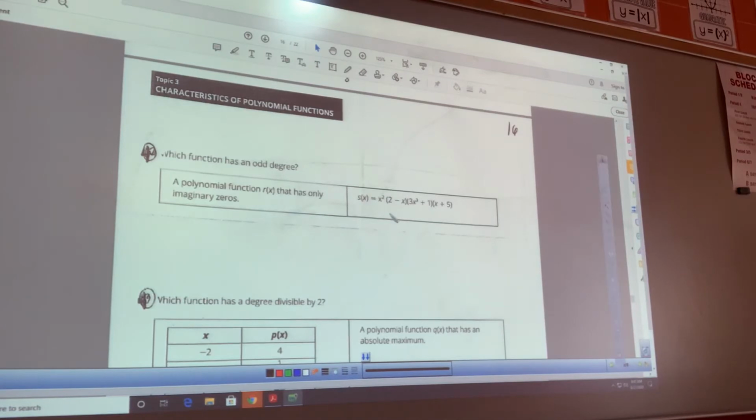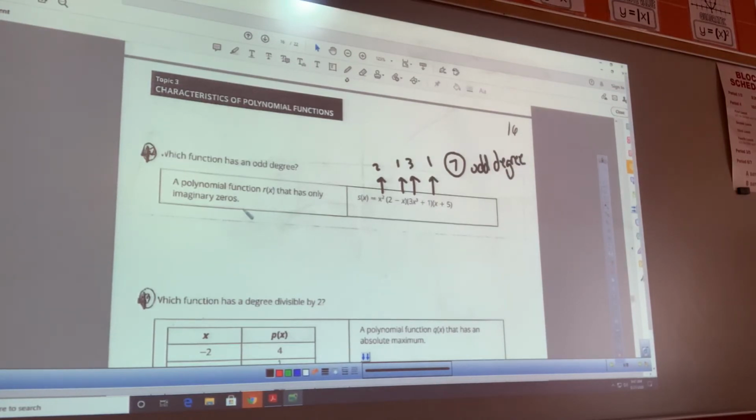And then here we have x squared times negative x. So we've got 2 roots there, 1 root there, 3 here, and 1 here. When we add these together, 2, 3, 4, 5, 6, 7. That, for sure, is an odd degree.